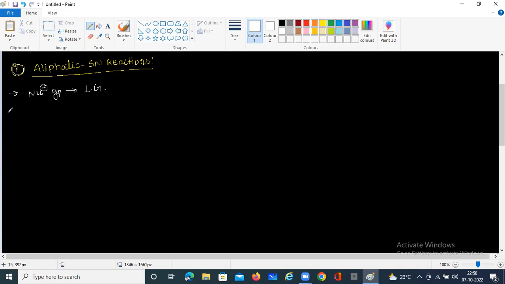Next, the second point: the weaker the basicity of the group, then it can easily leave. Not understood? Okay, I will give the relation between leaving power and basicity.